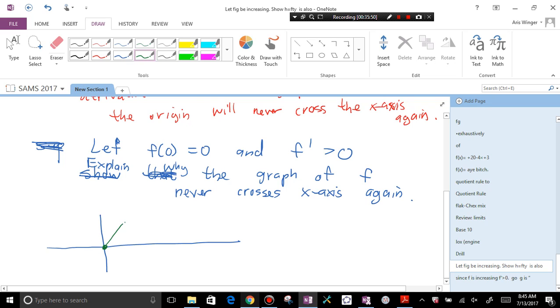Is that okay? If you want to explain why, you can do the little dip as well. Is that okay? That's better? Okay, that's better.